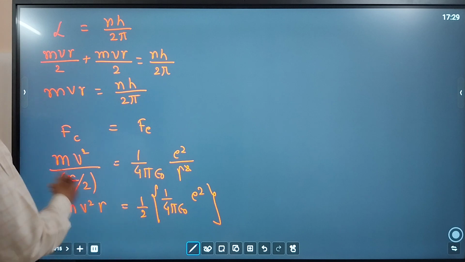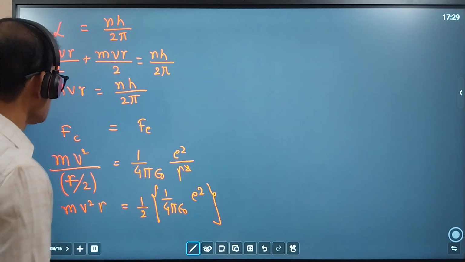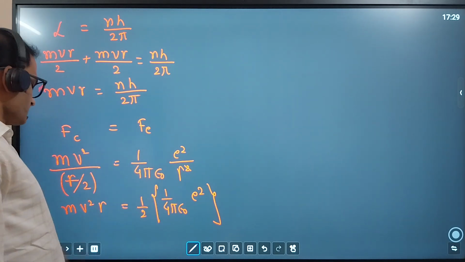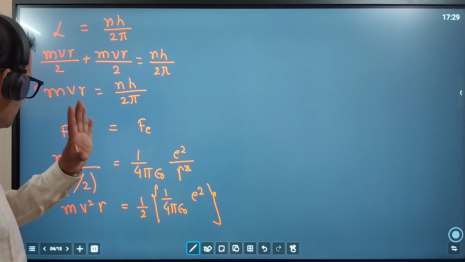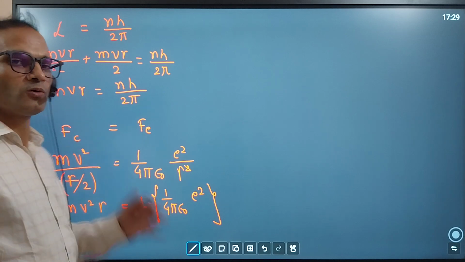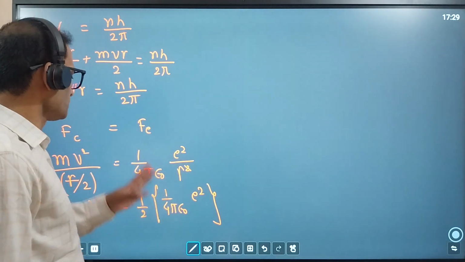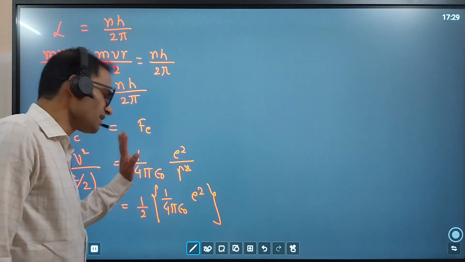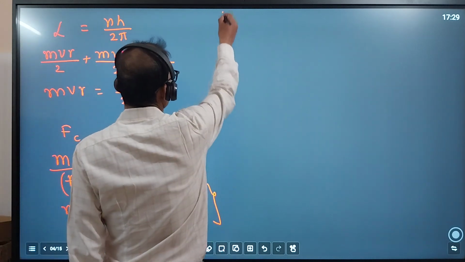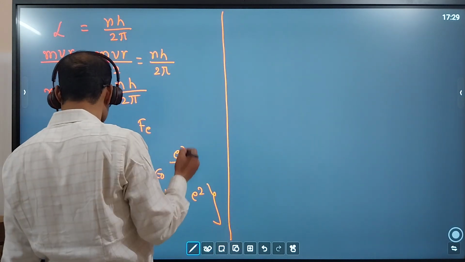Okay, now what is happening? This r has gone this way. This looks similar to what we got in Bohr's model, only difference is this factor half. So let us see.